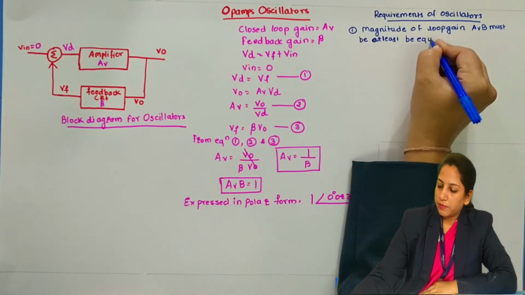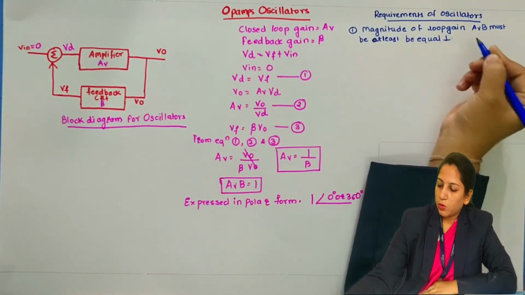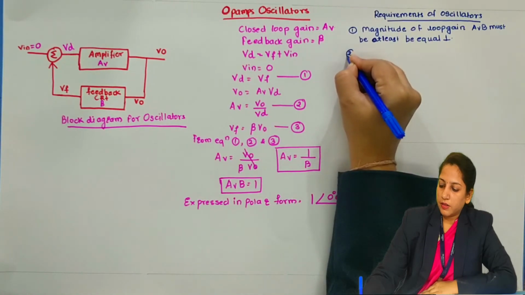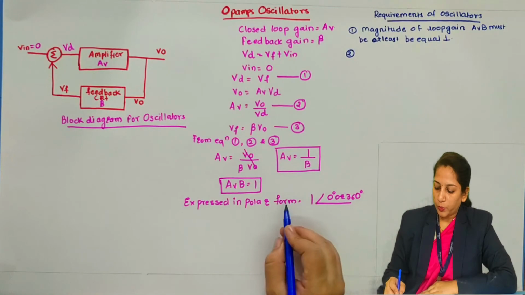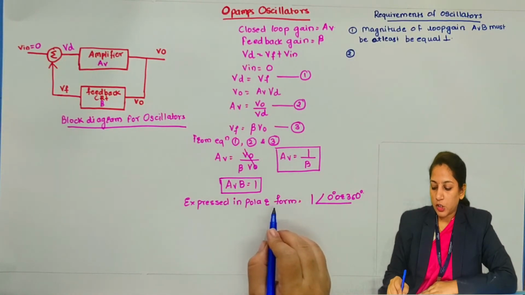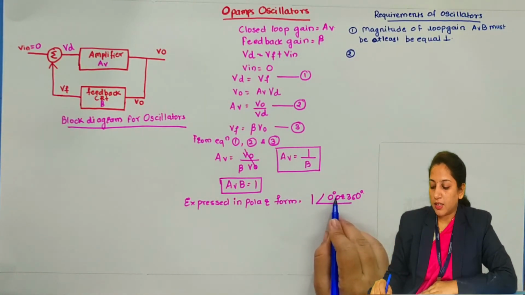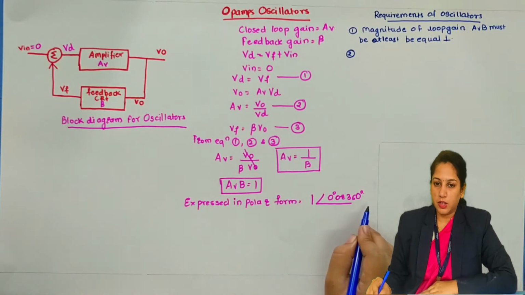The second requirement is that the total phase shift of the loop gain should be either 0 degree or 360 degree.